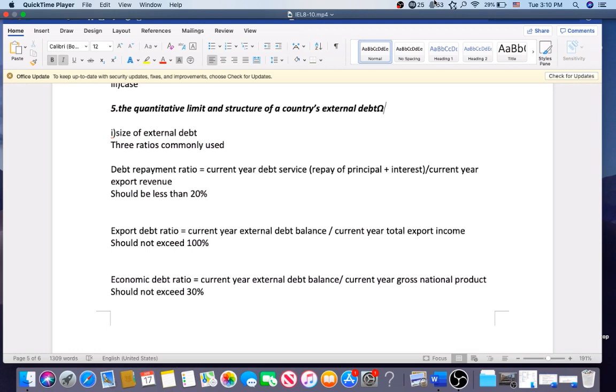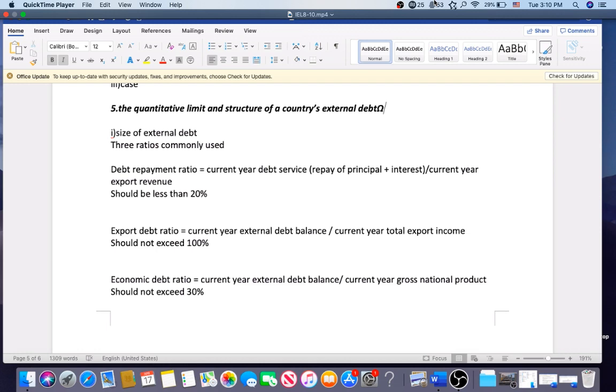This ratio means the numerator is the current year's repayment of principal and interest, and the denominator is total export income.